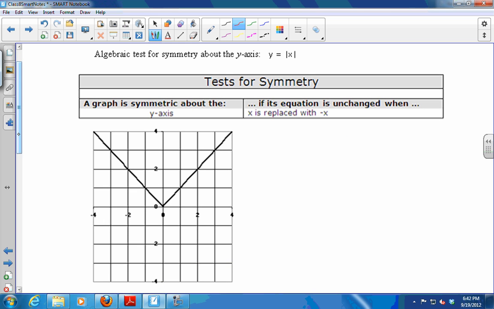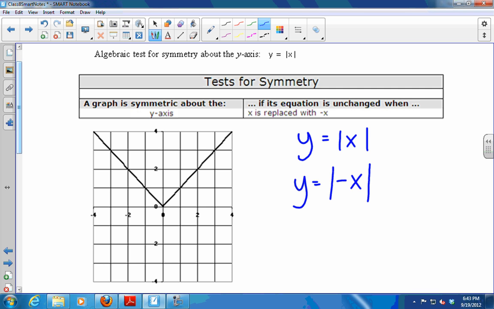So let's do one. Let's do an algebraic test for symmetry in the equation y equals the absolute value of x. So we can look at a picture of it and say, yeah, that definitely looks like it has y-axis symmetry, right? To test it algebraically, you start with the original equation, and you replace all the x's with negative x's. So this says y equals the absolute value of negative x. But what is the absolute value of negative x?